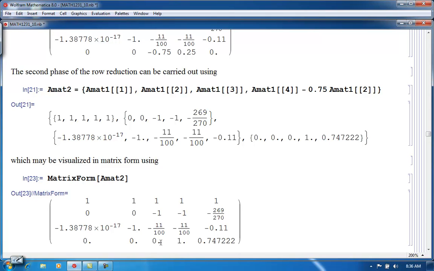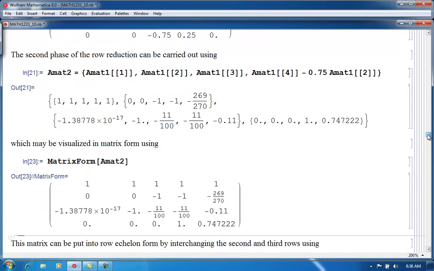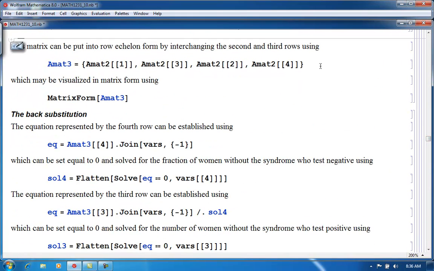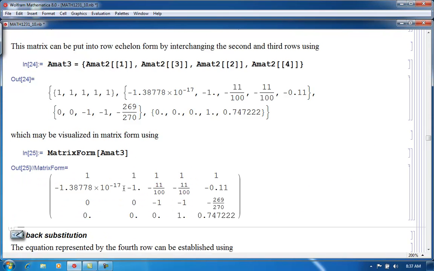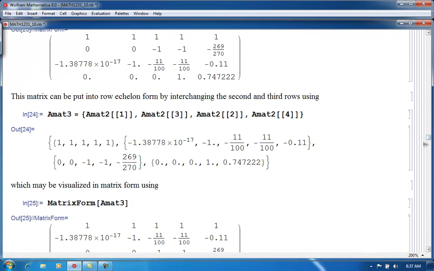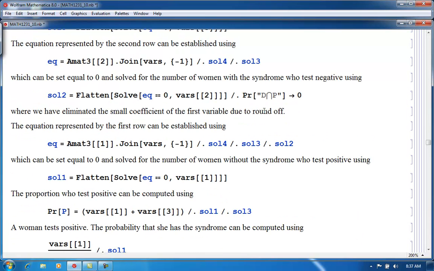All we have to do is to interchange some rows, the second and the third, and we can do that using this, and there it is. So you can see that this is now, apart from this round off here, in row echelon form. So now we can apply back substitution to find all the solutions.